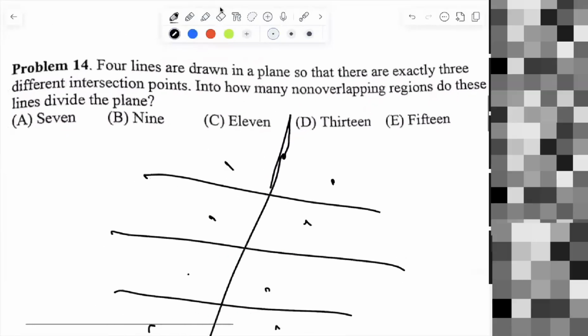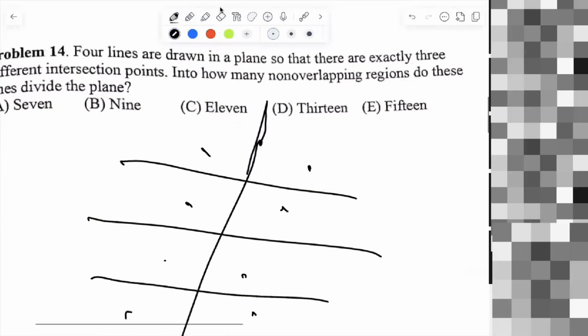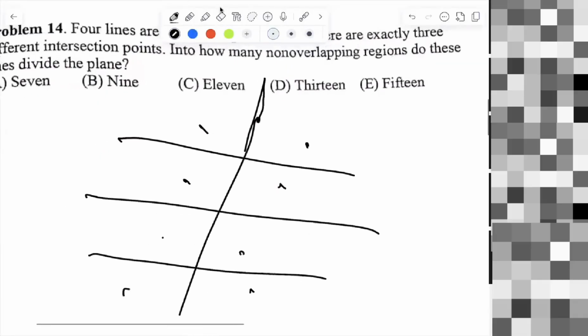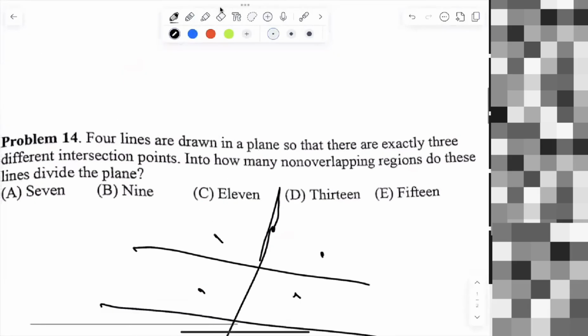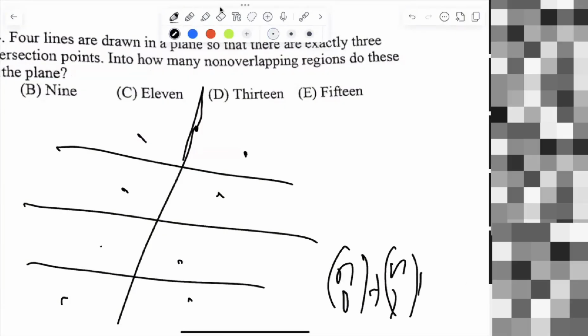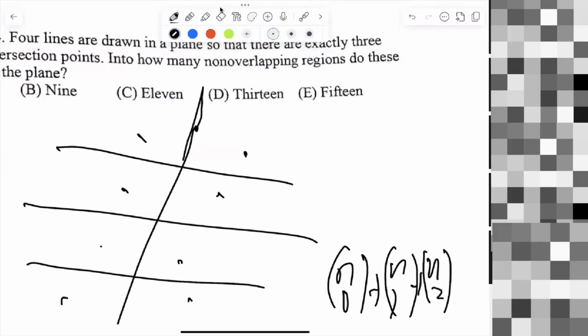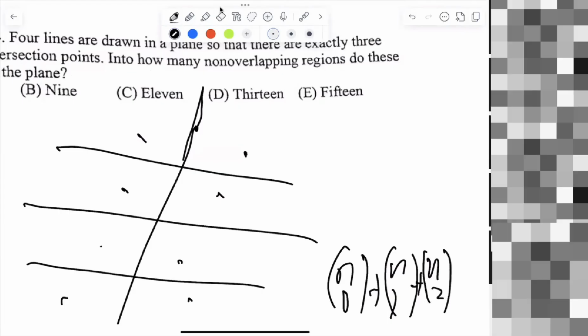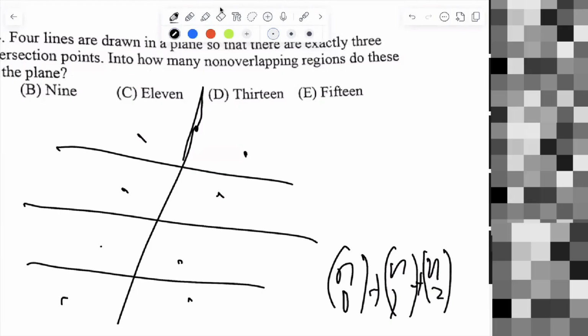But there is an exact formula. This is the formula: n choose 0 plus n choose 1 plus n choose 2.